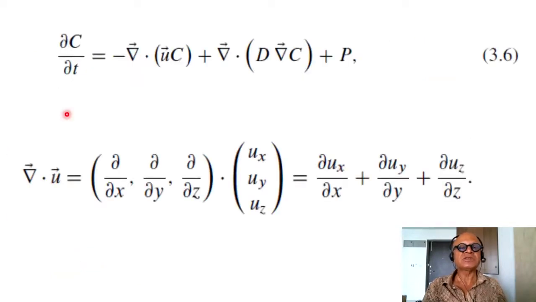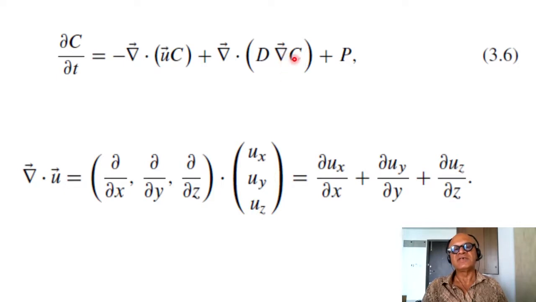Making it three-dimensional, dC/dt is then minus the divergence of u times C plus the divergence of the diffusion D grad C plus P. So this is obviously a Laplacian operator. Remembering that the divergence of u gives us dux/dx, duy/dy, duz/dz, you can do the same here.